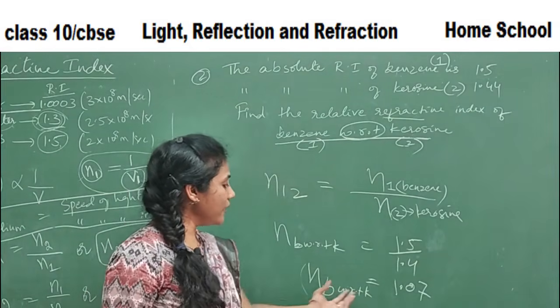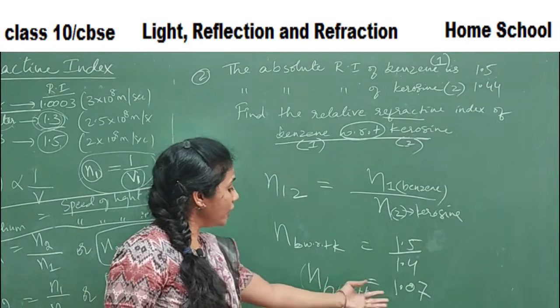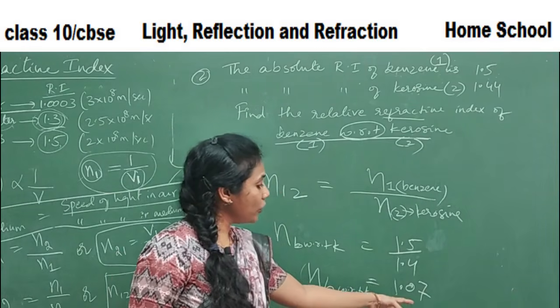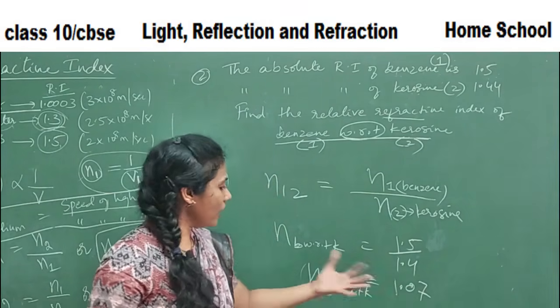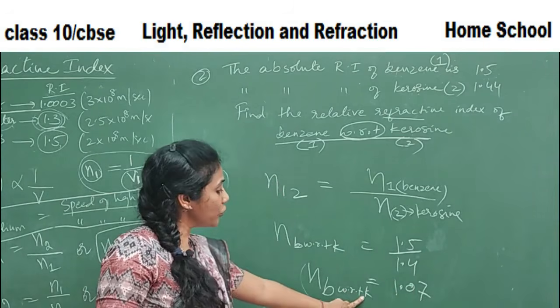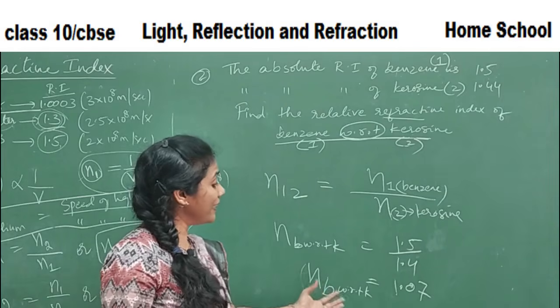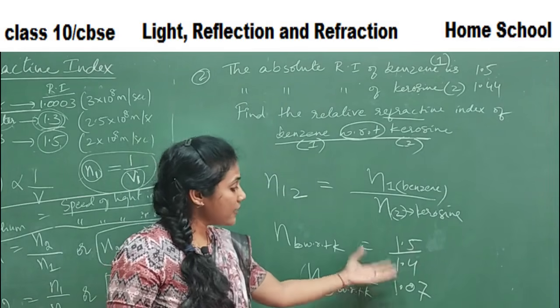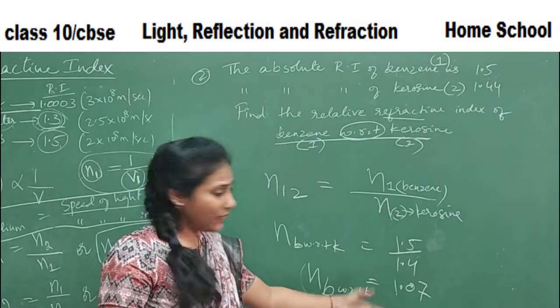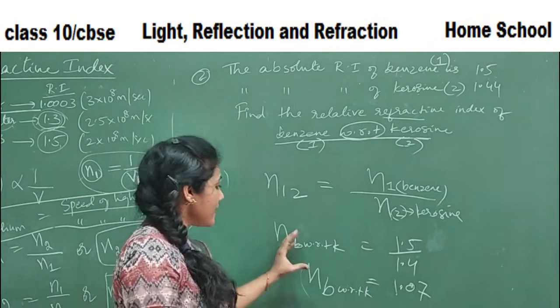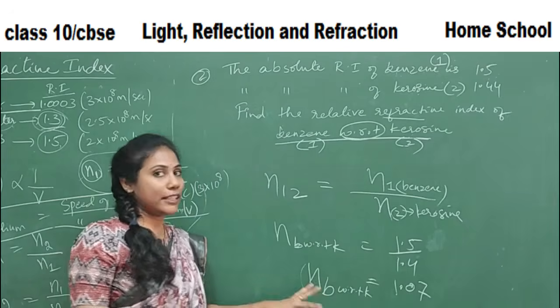What is the meaning of this, guys? The bending of light in benzene is 1.07 times greater or lesser in comparison to the bending of light in kerosene. So this is what we call relative refractive index.